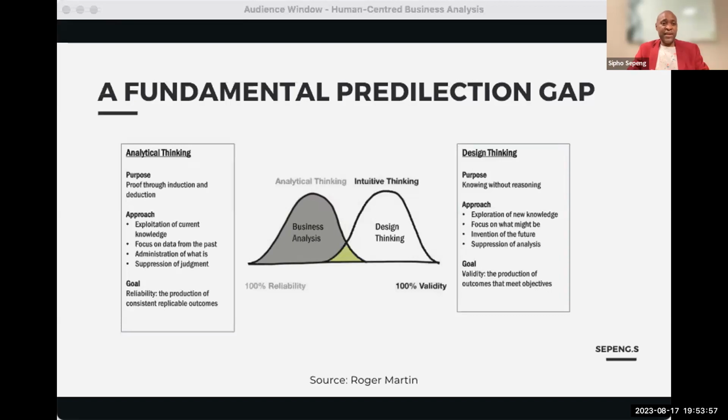The purpose for analytical thinking is proof through induction and deduction, whereas on the design thinking side, it's knowing without reasoning, which really makes business stakeholders and managers panic. The approach for analytical thinking is exploitation of current knowledge, whereas design thinking is through exploration of new knowledge. Focusing on data from the past on the analytical thinking side, and focus on what might be.